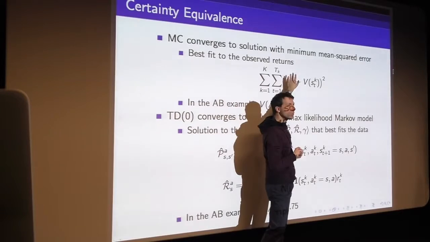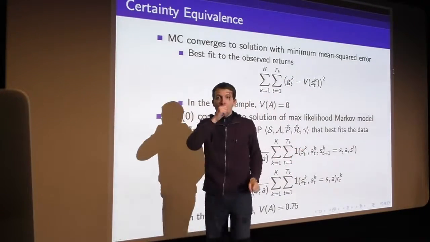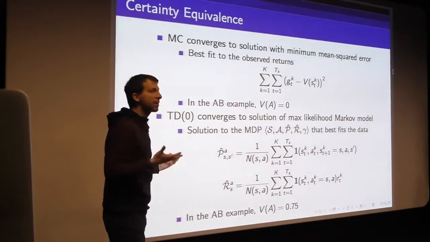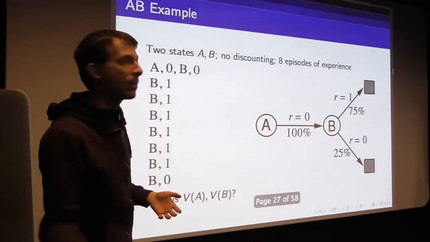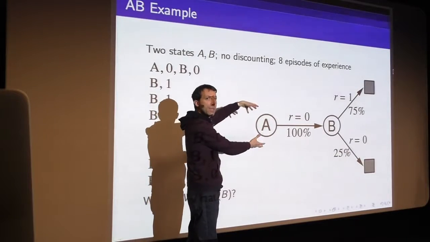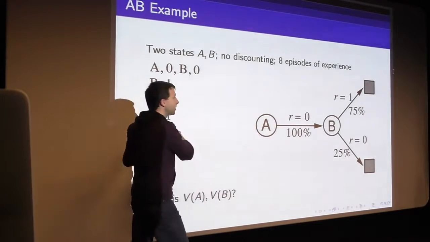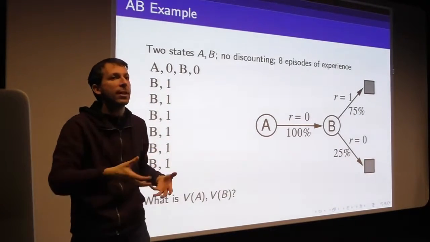It minimizes the difference between the return that we saw and the value function. Whereas TD(0) actually converges to the solution of the MDP that best explains the data. Implicitly, what TD is doing is it first fits an MDP, and then it solves for that MDP. Whatever data you've seen so far, it will find the solution to the maximum likelihood MDP model that explains that data.